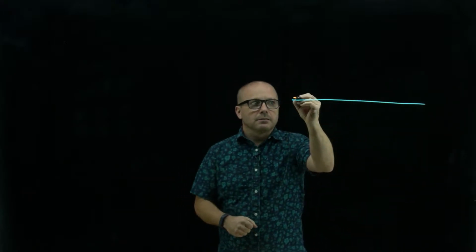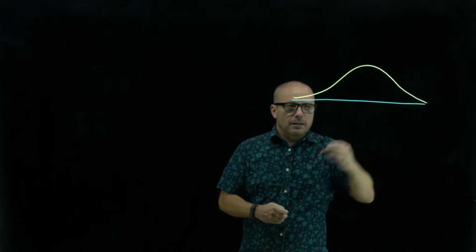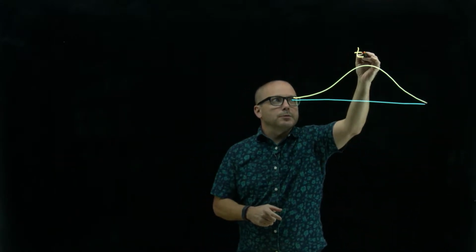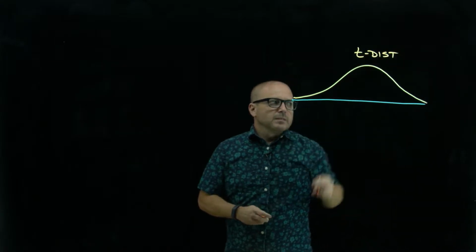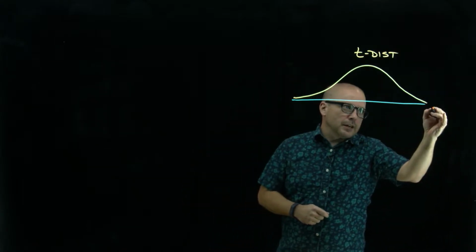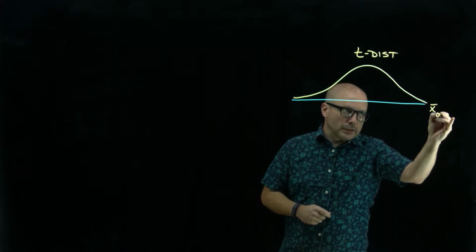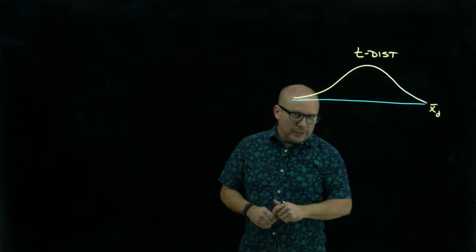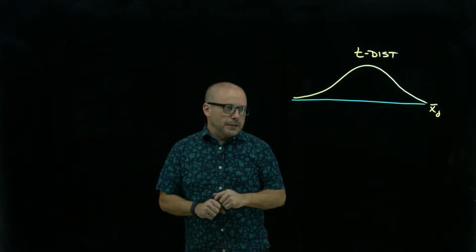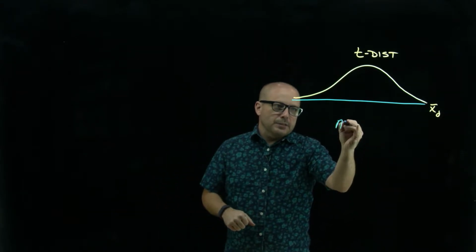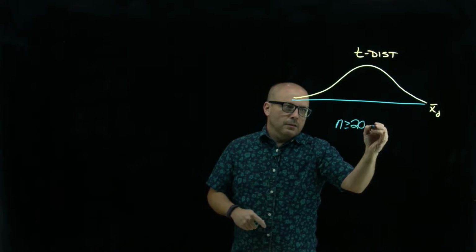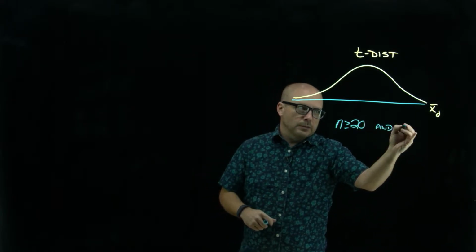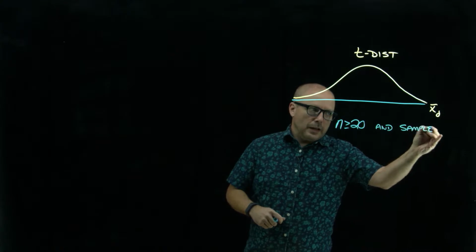So if you recall, what the theory says on a single mean is that that distribution will be a t-distribution. And so this is the distribution of mean differences that you could get. And the validity conditions, if you recall, for a mean are that the sample size be at least 20 and the sample not strongly skewed.